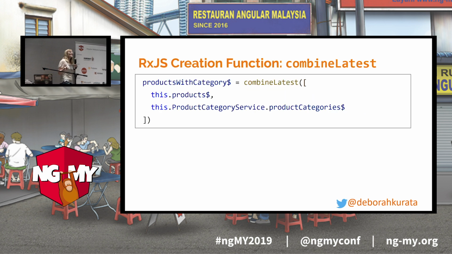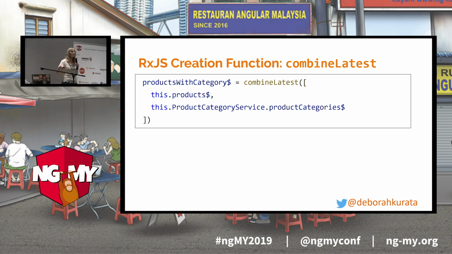Well, one option is to use combineLatest. So combineLatest is an actual RxJS creation function that we can use to combine our streams. So we're going to combine our products$ stream and our productCategories$ stream together so that we can work with both of them in our pipeline. What combineLatest does is it combines these 2 streams.